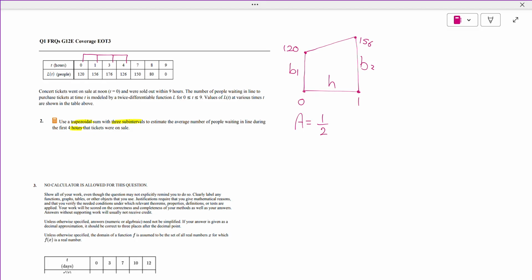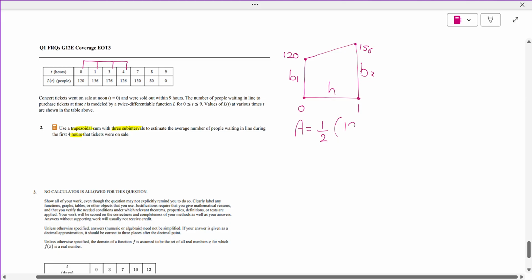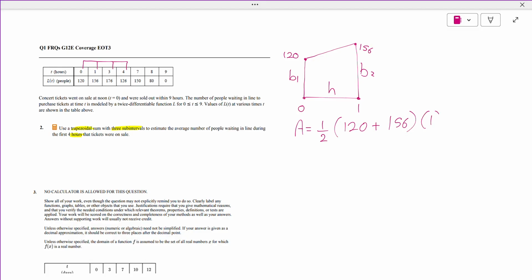So the bases are the two sides. So the first base will be 120 plus the second base will be 156 times the height, which will be only 1. It's the difference between 0 and 1.